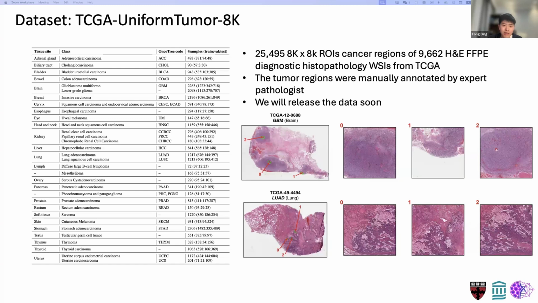Besides that, this is also a very valuable dataset for evaluating those slide level models because an 8K by 8K size is already impossible for a patch level model to encode. And this turns out to be actually a very challenging dataset, as we will see later in our evaluation.